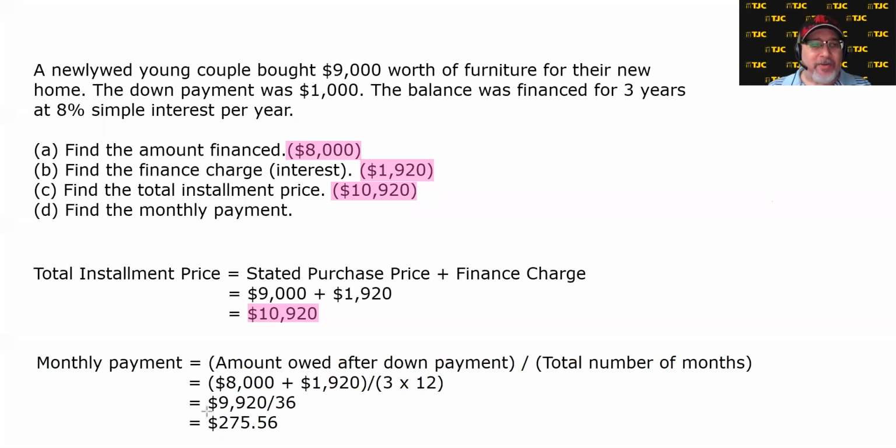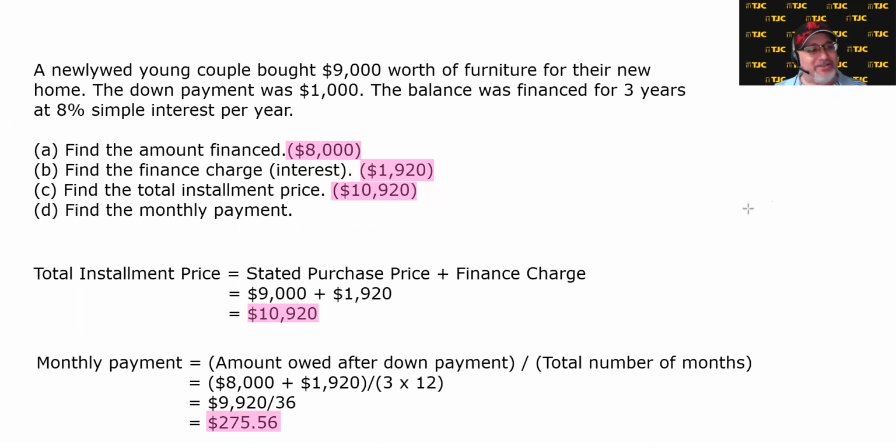Just a quick comment on the monthly payment. This did round up. So if I multiplied that by 36, it would be a little bit more than 9,920. In fact, $275.56 times 36 is $9,920.16. Because rounding happens when you calculate monthly payment, the last monthly payment is usually adjusted to bring it up to the correct amount that you still owe after the down payment.